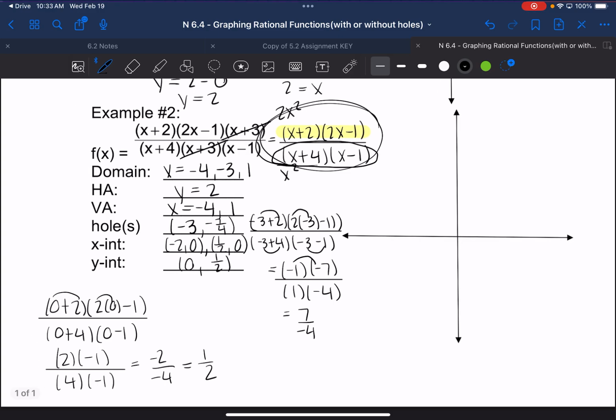All right, so now we are going to graph everything we found. So let's start with graphing our asymptotes. So we said we're going to have a horizontal asymptote at +2. So up here I've got a horizontal asymptote. We said we were going to have vertical asymptotes at -4 and +1.